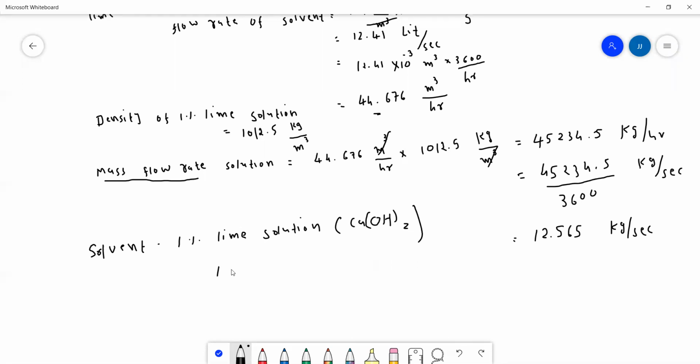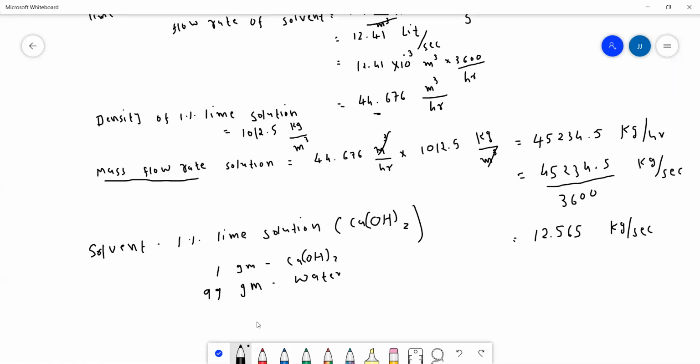That means if it is in grams, then 1 gram is Ca(OH)2 and 99 grams is water.